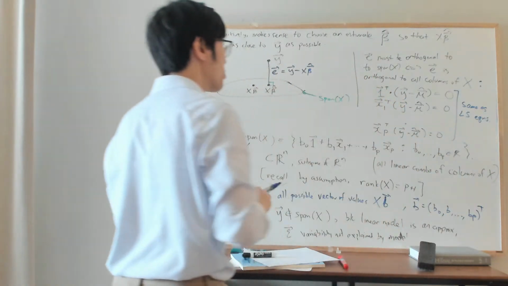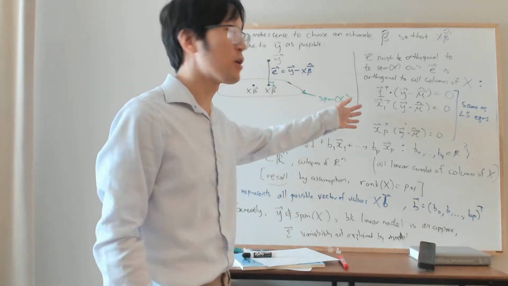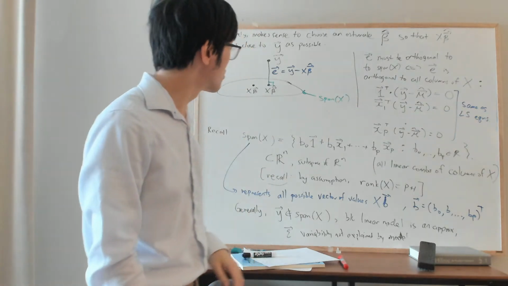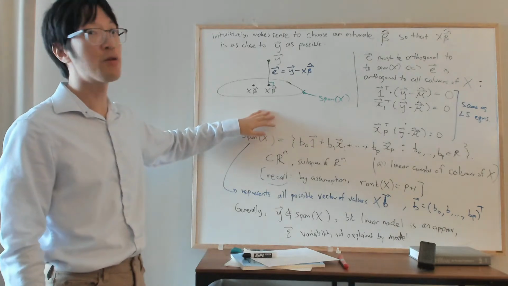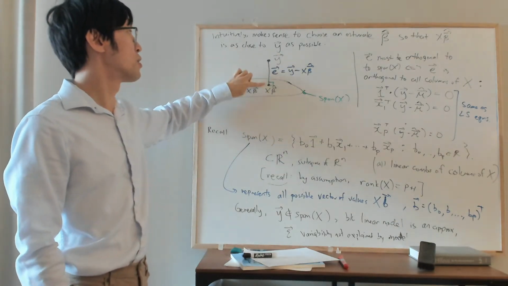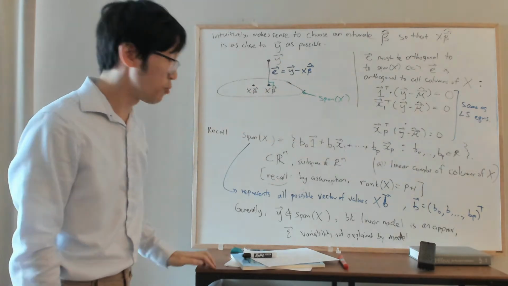The beta hat that satisfies the least squares equations also satisfies this orthogonality condition, which comes quite intuitively from a geometric viewpoint of finding the closest point in the span to the response vector y.